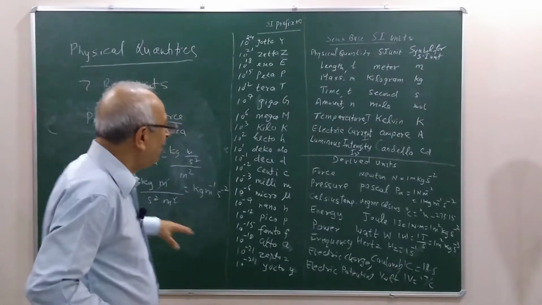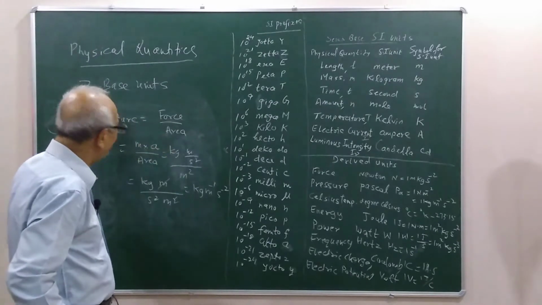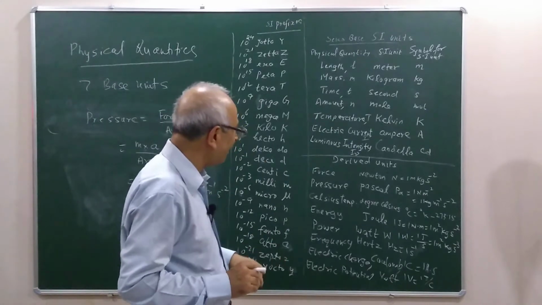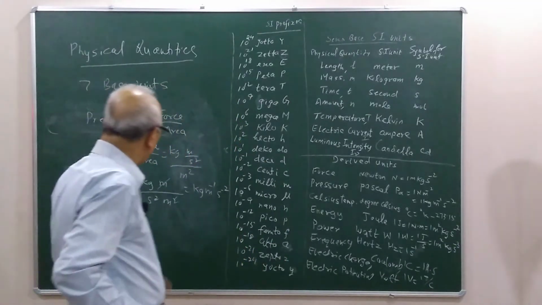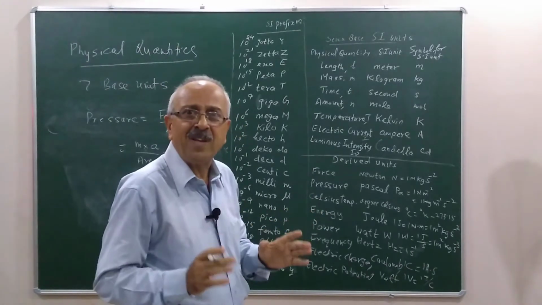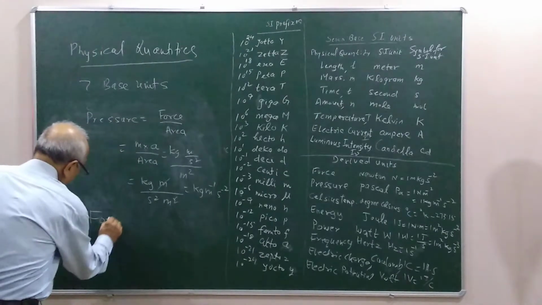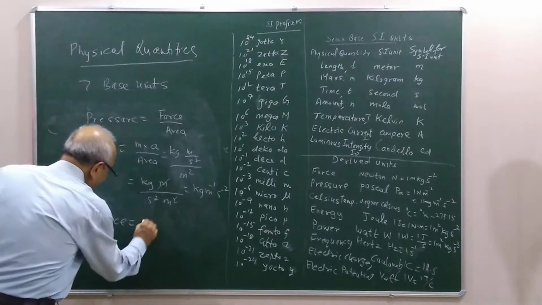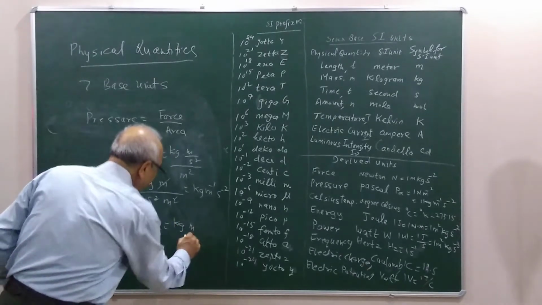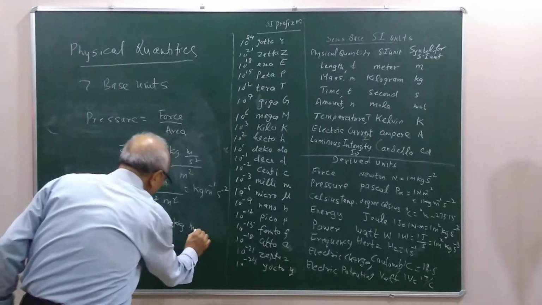So what we are saying is that here we are talking of force per unit area, which is the pressure. This is a unit which can be derived from the fundamental quantities. And you will find that certain units, when we derive them, become so big that they have also been given SI names. For example, force, if I write m into a, mass into acceleration.